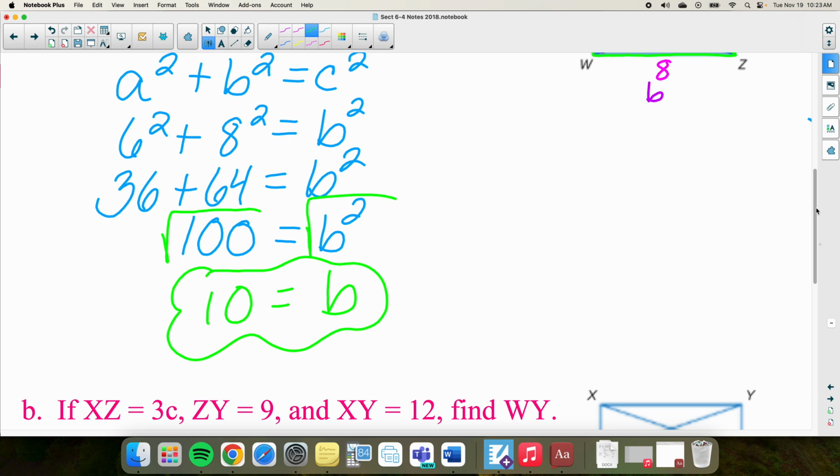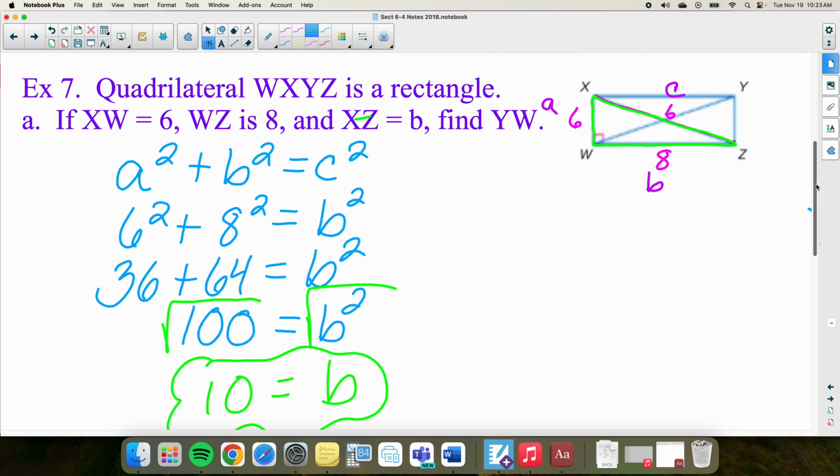Okay. Now, let's look back to what they wanted. They wanted YW. YW is actually this diagonal. Right now, what we found is that this diagonal right here is 10. What did we say about the diagonals of rectangles?